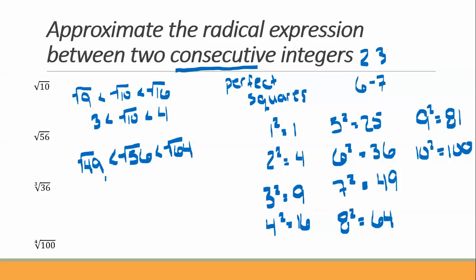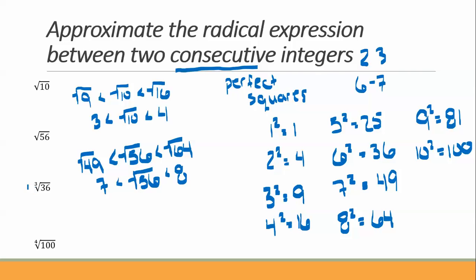Again, we know the square root of 49 is 7, and that's less than the square root of 56, and that's less than the square root of 64, which is 8. So the square root of 56 is between 7 and 8. And it's pretty much right in the middle of 7 and 8, so it's probably about 7.5 or a little bit more.